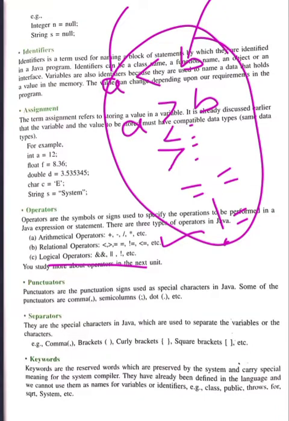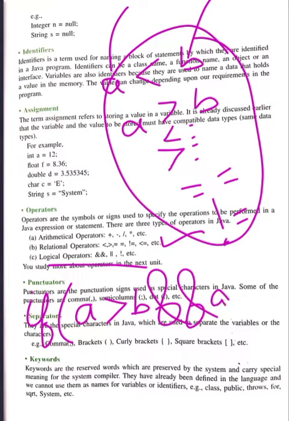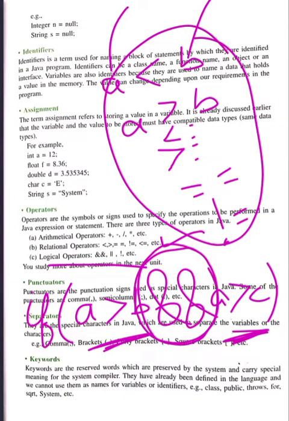Logical operators are used in combination with the relational operators, like we write: if A greater than B and A greater than C. That means A is greater than B and A is greater than C. Both the conditions are true, then only the if will be true. And if instead of and we have the or symbol, that means if any one condition from left or right is true, it will be taken as true.